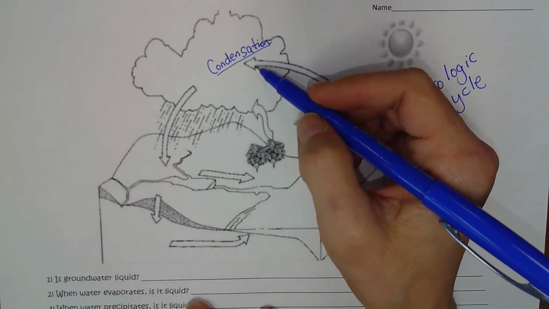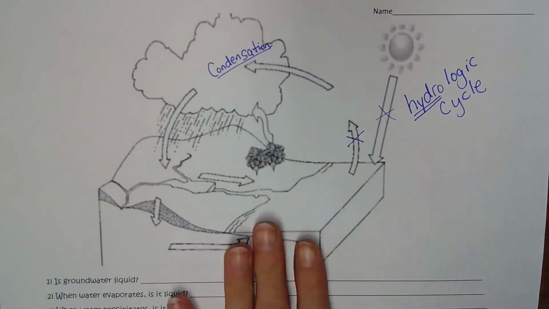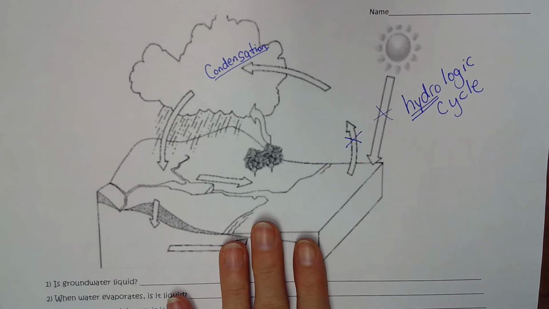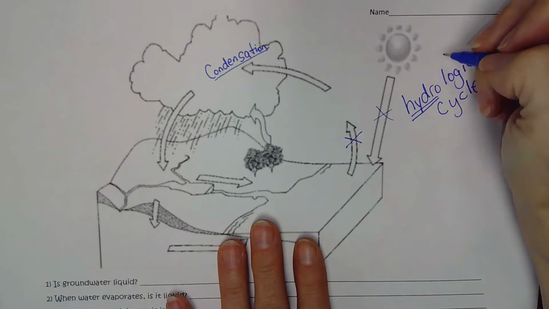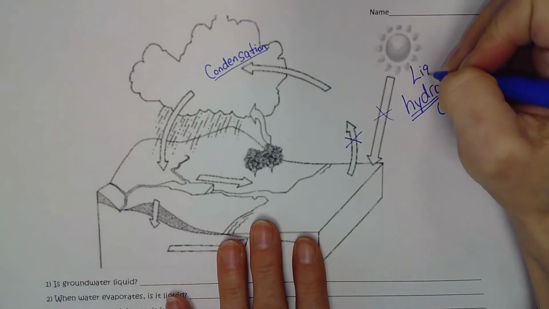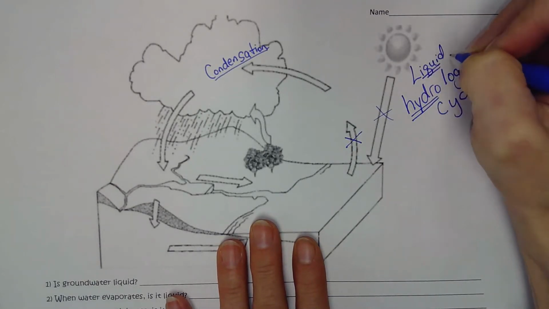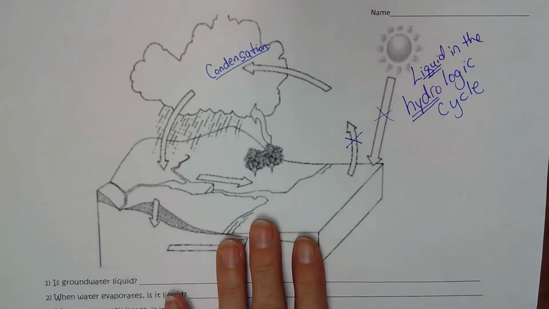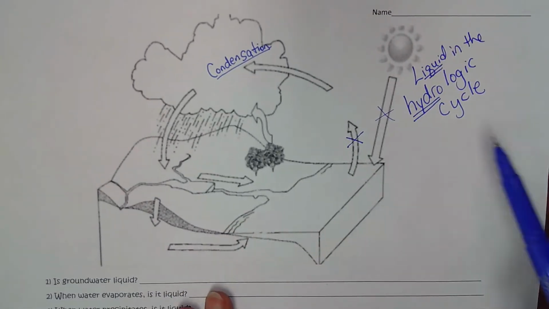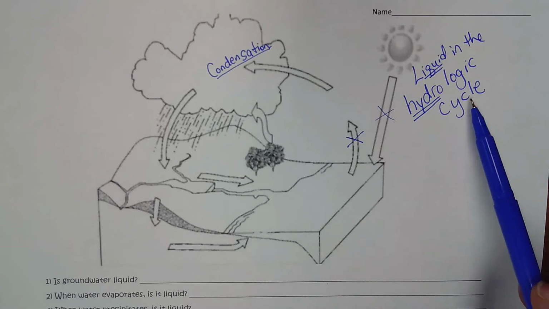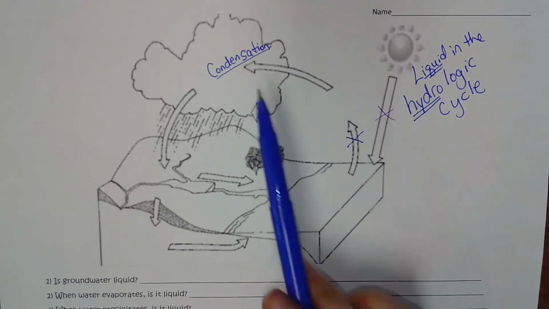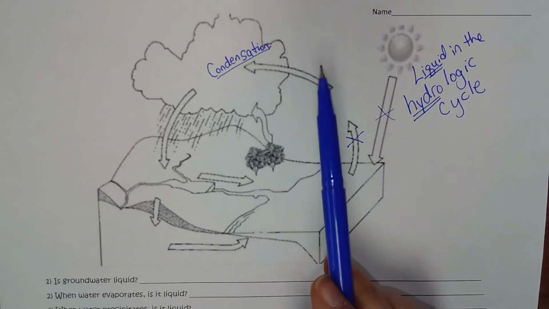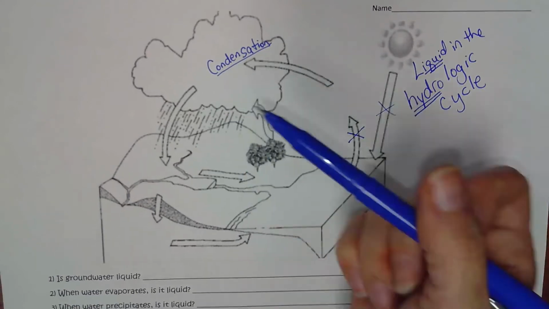So if you did not have this on your graphic, your sheet, you should make sure you are changing that, okay? Because we are only looking at liquid in the hydrologic cycle. In fact, go ahead and write that off to the side if you still don't have it. So condensation definitely is where water turns back into a liquid.